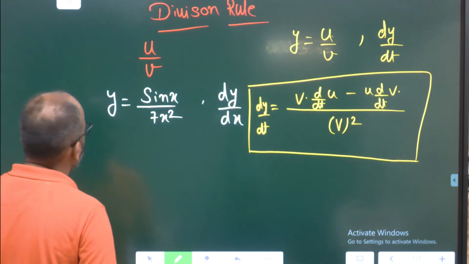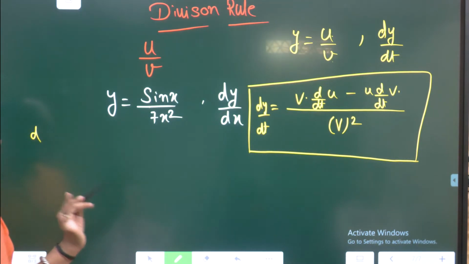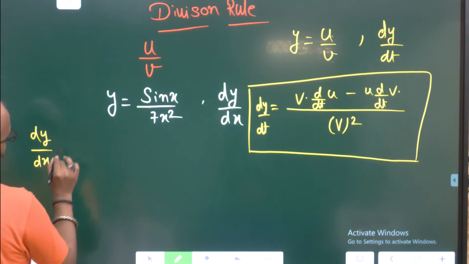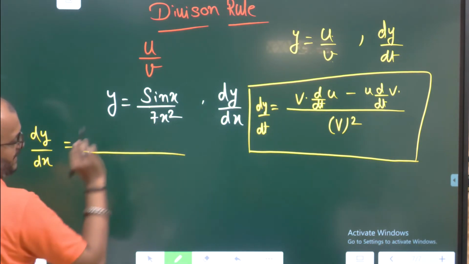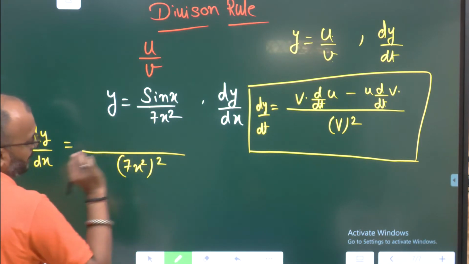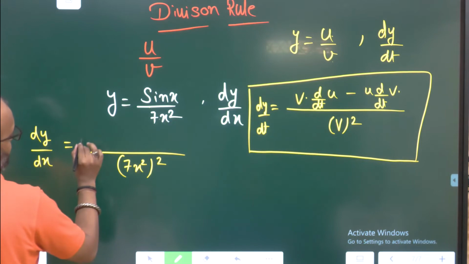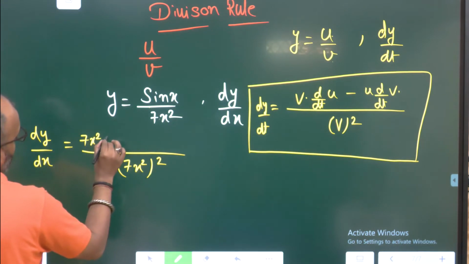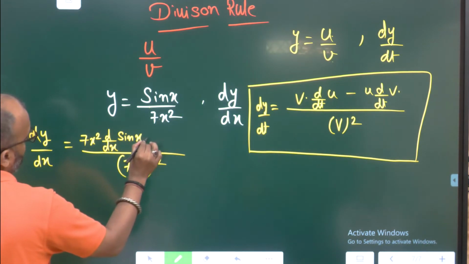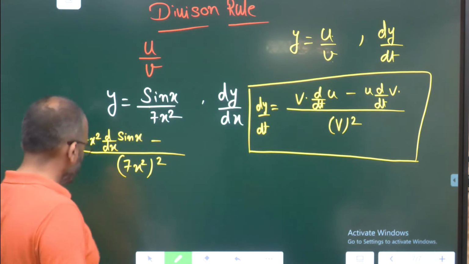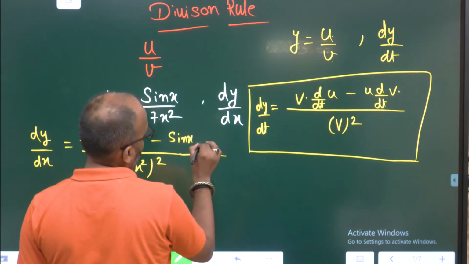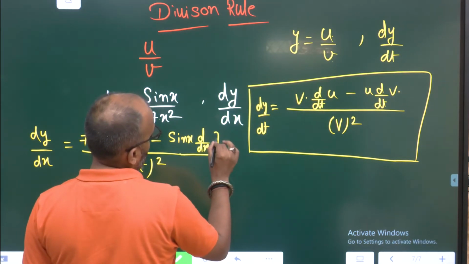So solving this question, please see. I'll give you time to write, please wait. dy upon dx: 7x square is there in the denominator, so you have to take the square of 7x square. Now put sin x as constant and differentiate 7x square.